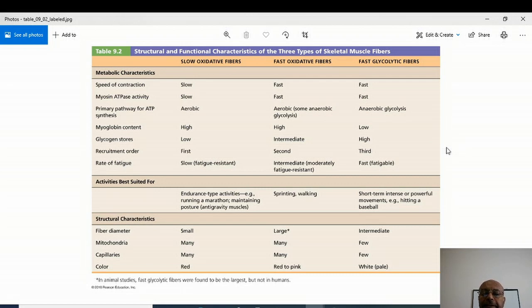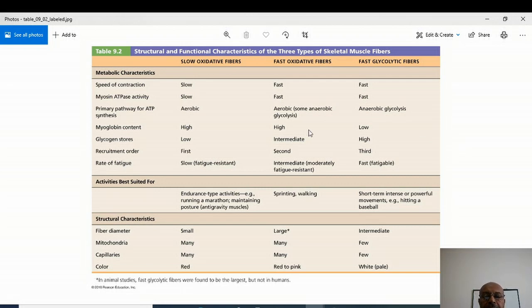So muscle fibers or skeletal muscle cells in our body are divided into three groups on the basis of these two criteria.